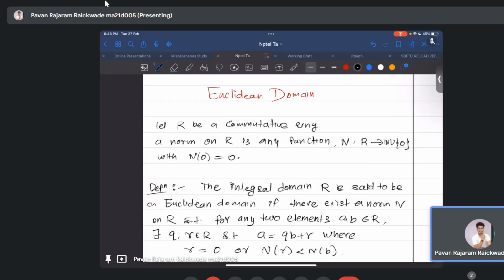of B. This is like a division algorithm in numbers or in polynomials, right?